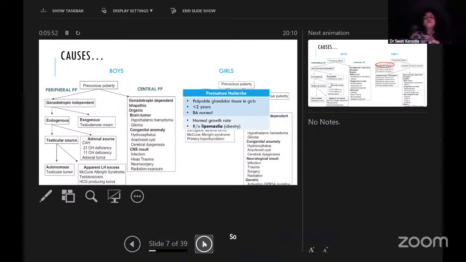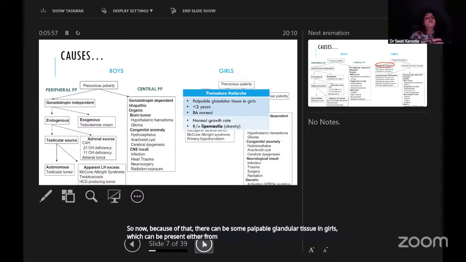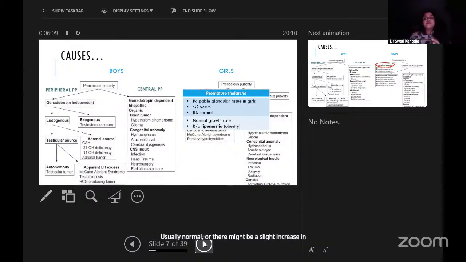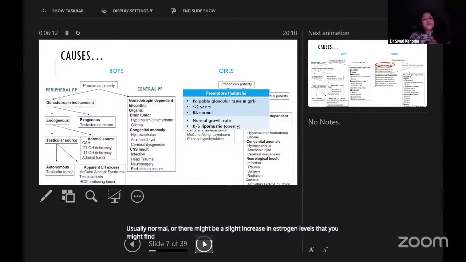Because of that, there can be some palpable glandular tissue in girls, present either from birth or from 6 months of age. It is usually non-progressive. The bone age is normal, the blood tests are usually normal, or there might be a slight increase in estrogen levels, but the growth rate is normal.